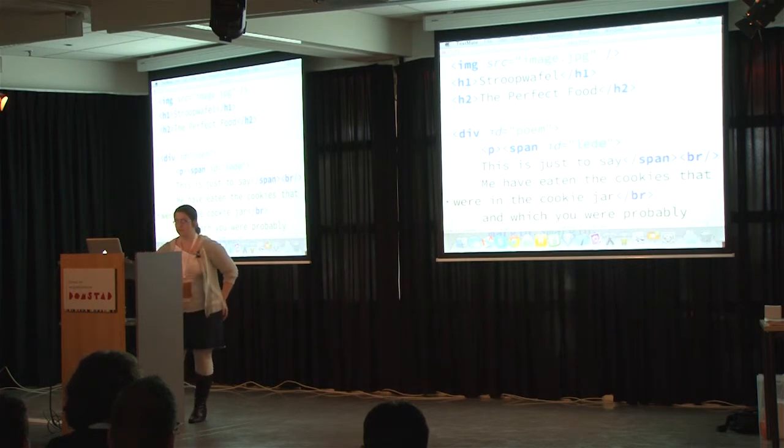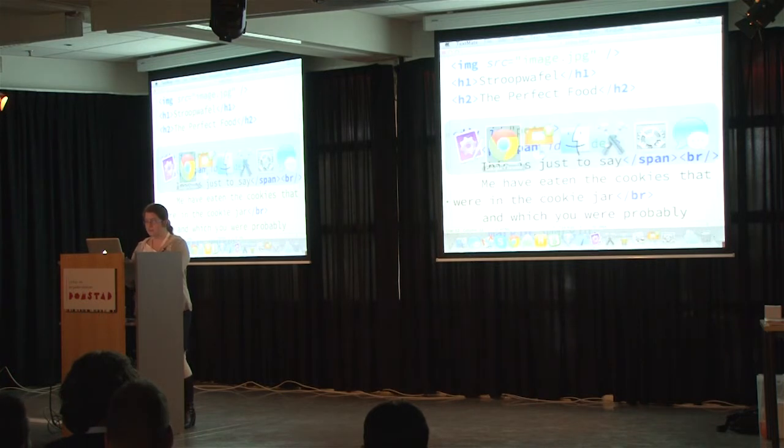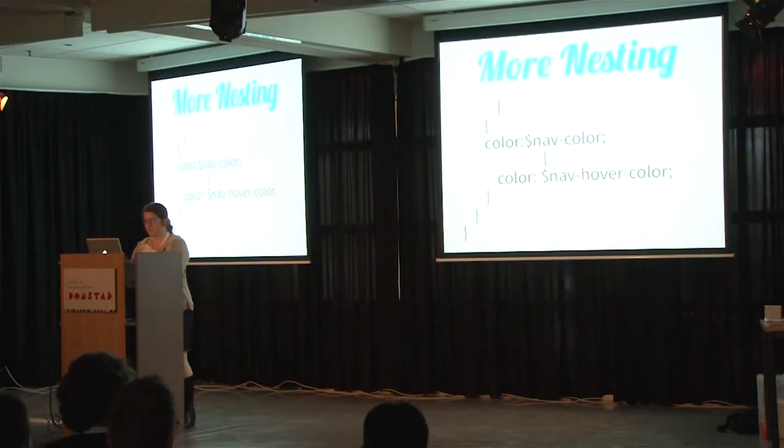Lead is like a word for a sentence that you want to emphasize at the beginning of an article. So if we want to, we could style the poem one way and style the lead differently using nesting. Actually, in the interest of time, I might skip that, to try to keep us getting back on schedule.